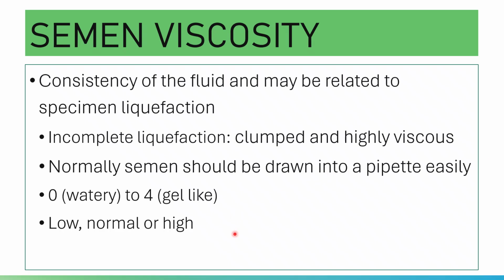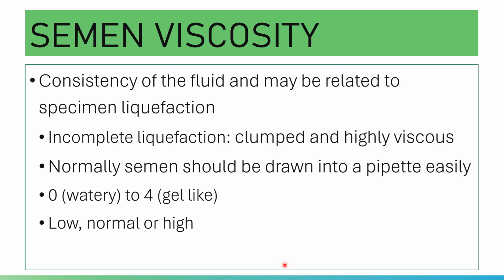Another method of measuring the viscosity of the sample is you can introduce a glass rod into the sample and observe the length of the thread that forms upon the withdrawal of the rod. You introduce a glass rod and then withdraw it, and you observe the length of the thread.